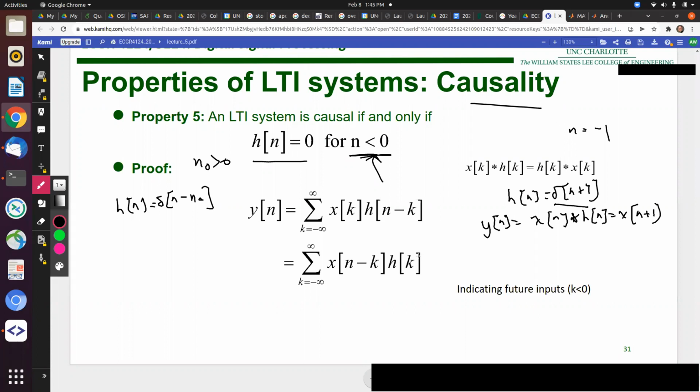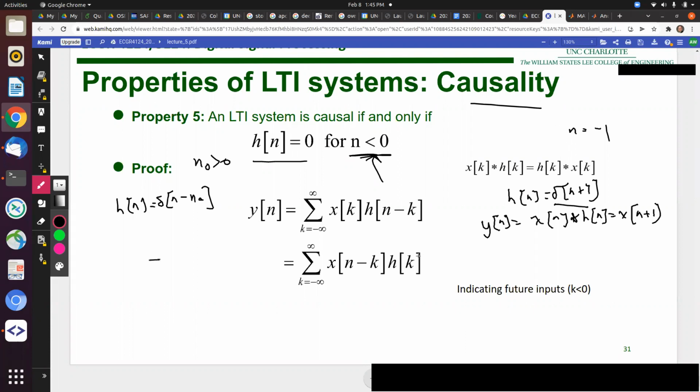Make sense? Now, I can also say that for any FIR filter consisting of only deltas shifted to the right, that's also true. If I take a bunch of systems that are all sums of delta functions shifted to the right, that's also causal, right? Because it's a combination of exactly the same system we just described.